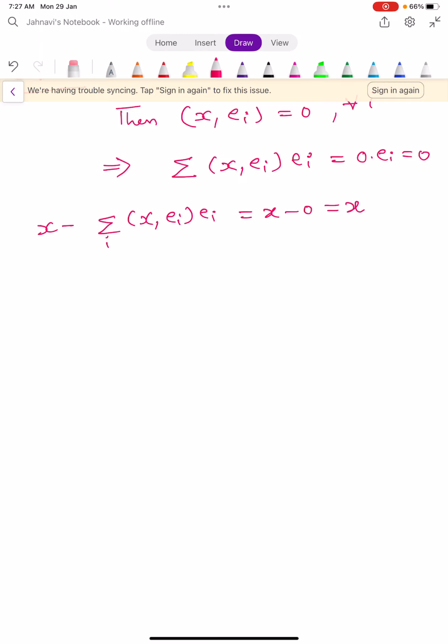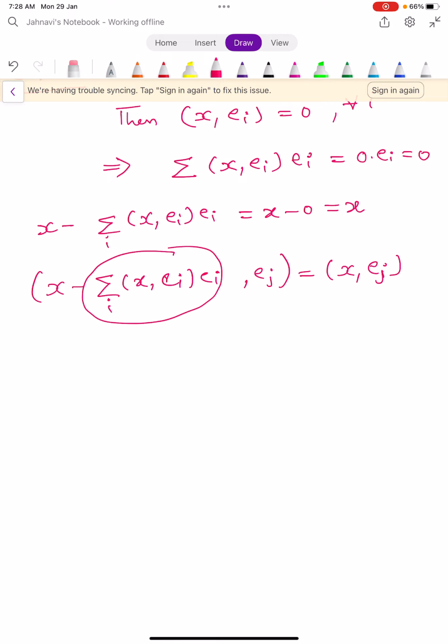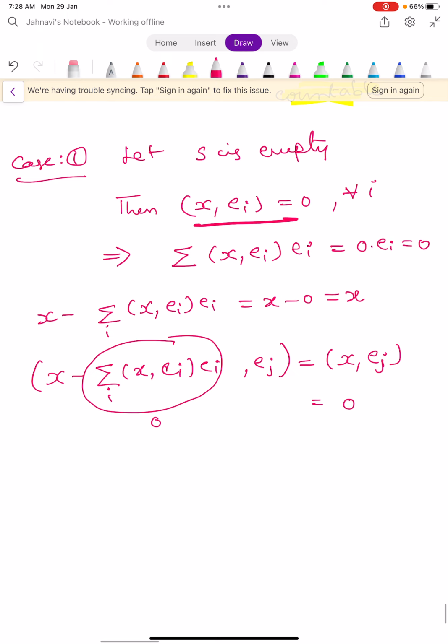Now you calculate the inner product further. Inner product of x minus summation over i of inner product of x comma e_i into e_i, comma e_j, is equal to inner product of x comma e_j, because the summation term is completely 0. So you simply get 0, because inner product of x comma e_i is equal to 0 for all i.